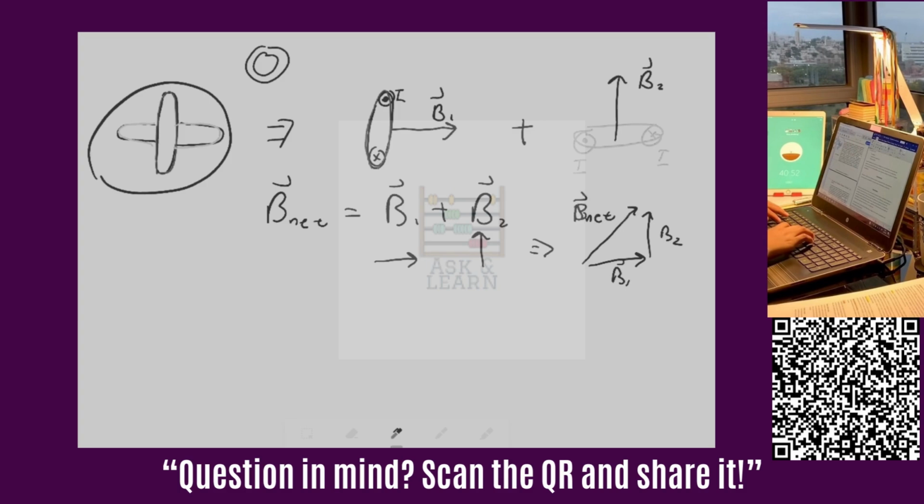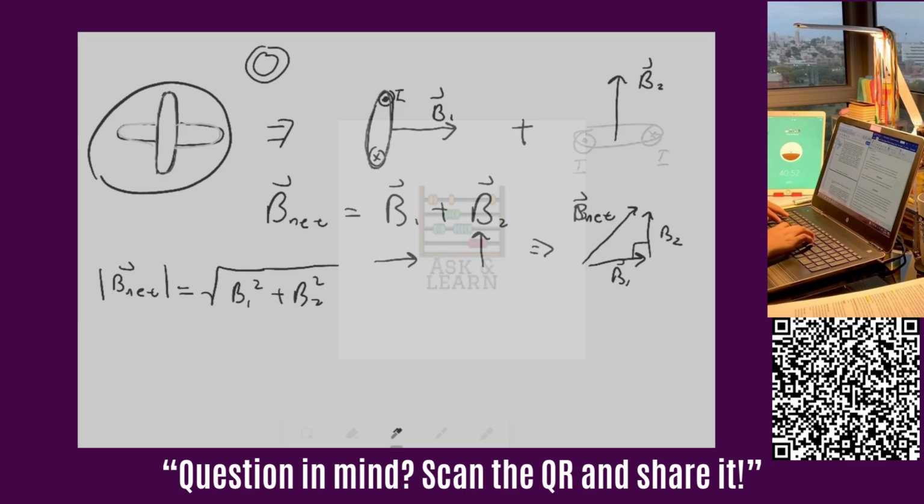So B net, the net magnetic field at the center, is the addition of the two individual magnetic fields. Now, if we look at the trigonometry here, that means that if we want the magnitude of the net magnetic field at the center, which would be the magnitude of the addition of these two, we just have to take the magnitude of B1 and the magnitude of B2, square them, add them together, and square root. That gives us our magnitude of the net magnetic field at the center.